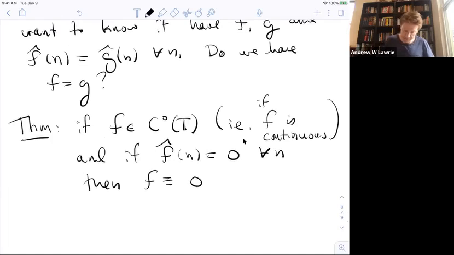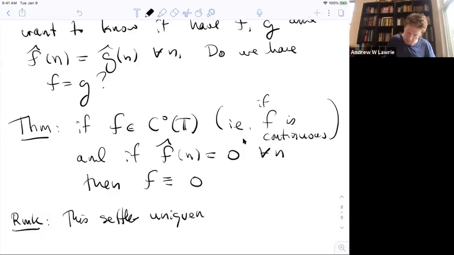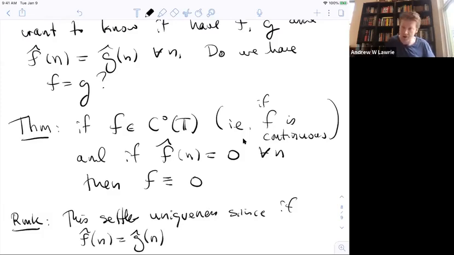And note that this settles uniqueness. Since if I had two functions where f hat is equal to g hat, then, because finding the Fourier coefficients is linear, I'd have f minus g hat of n is equal to 0 for every n.